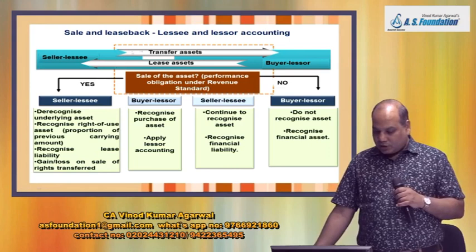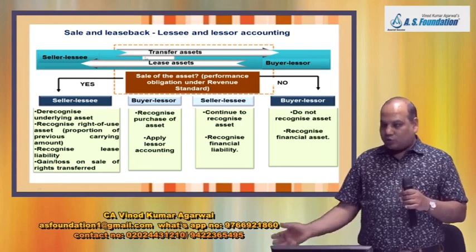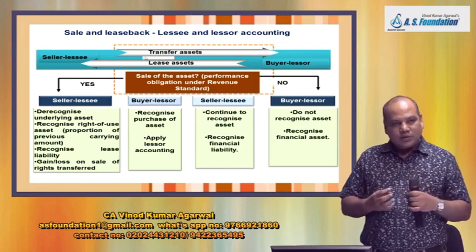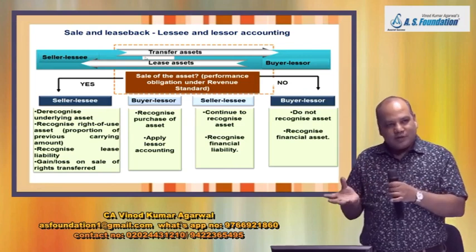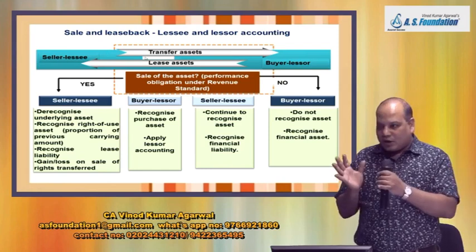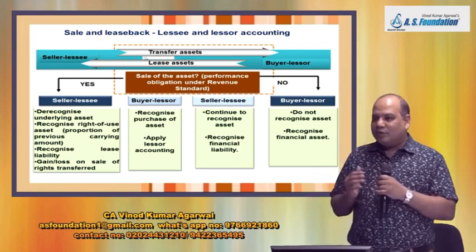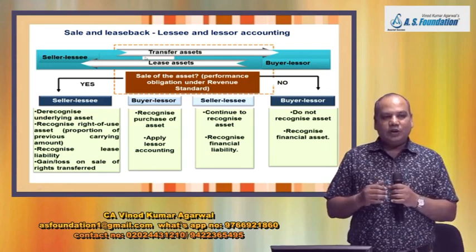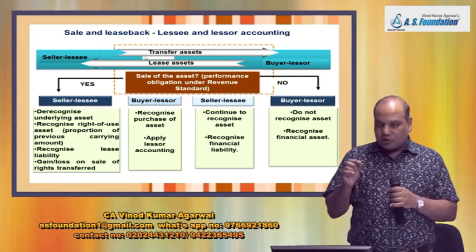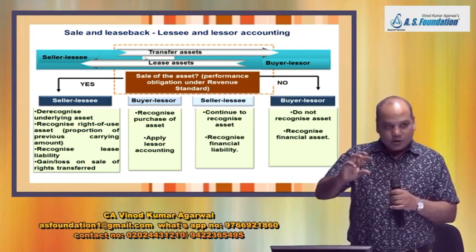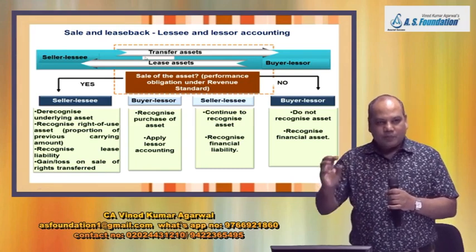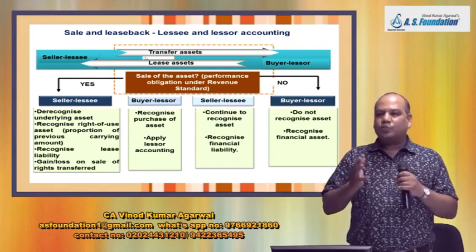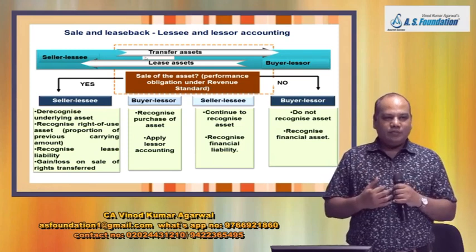When I am transferring the asset to the other party and I am also taking it on lease, the standard says you are transferring some and retaining some. The portion that you have retained will be called the right of use asset, and it will be calculated as a proportion of my carrying amount, depending upon how much proportion we have retained.